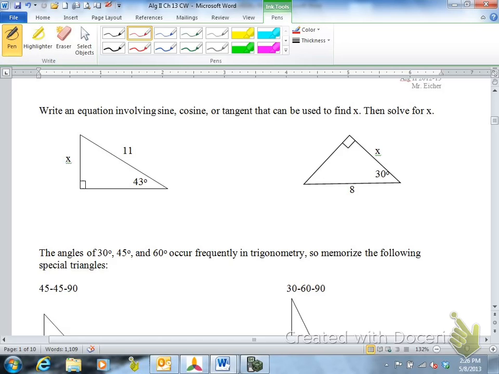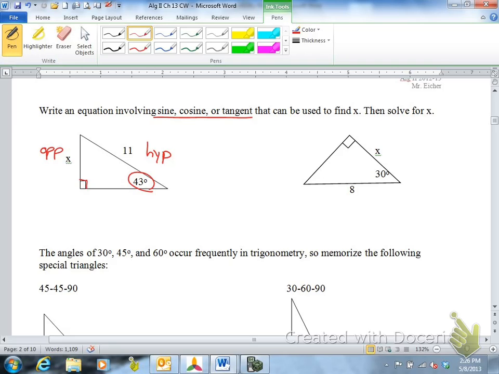Okay, we use trig ratios to solve for missing sides. On these, you're only going to pick from one of 3: sine, cosine, or tangent. For this, notice where your angle is, 43 degrees. It's a right triangle. You're given the hypotenuse, across from the 90, and you're looking for the opposite side of 43.